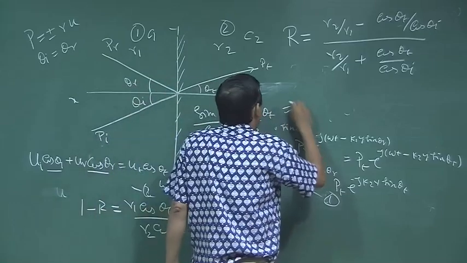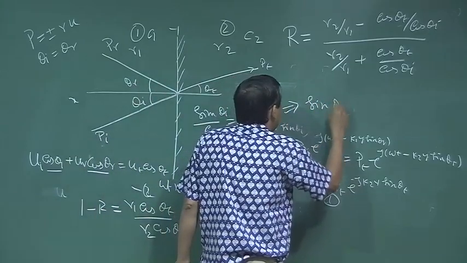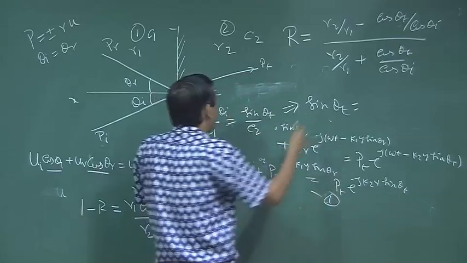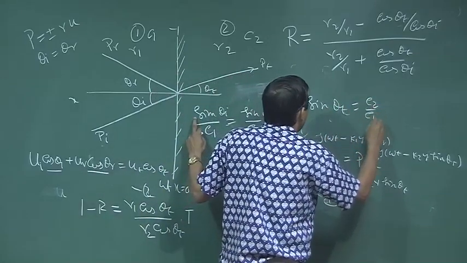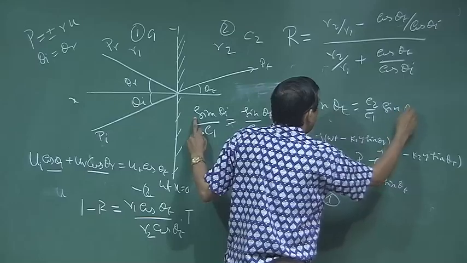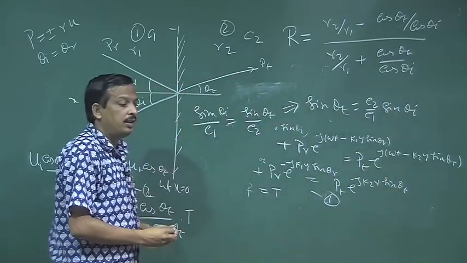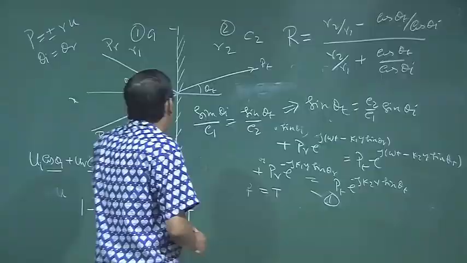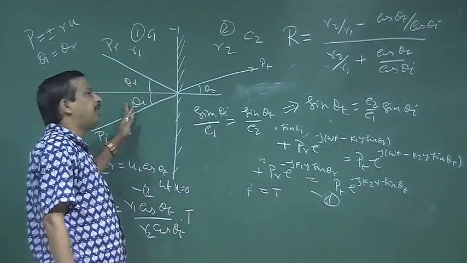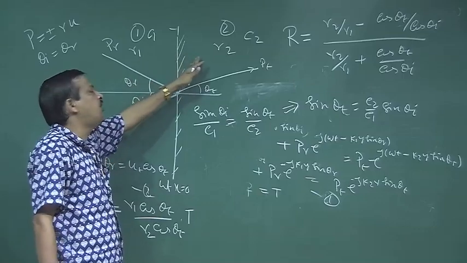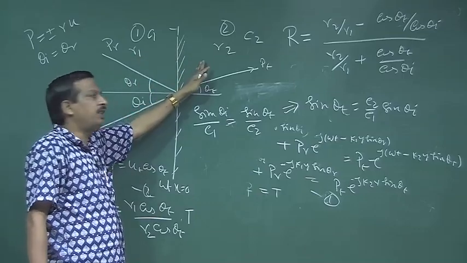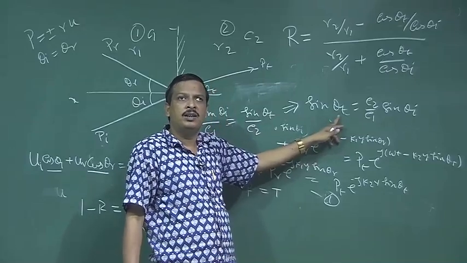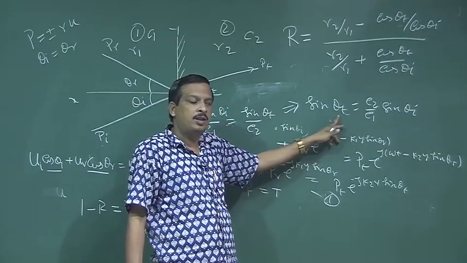So, from there I can say sin theta t is nothing but C2 by C1 into sin theta I. This is Snell's law. So, if the angle of incidence is given and the speed of sound is given in the two media, then I can calculate sin theta t, the angle of transmission.